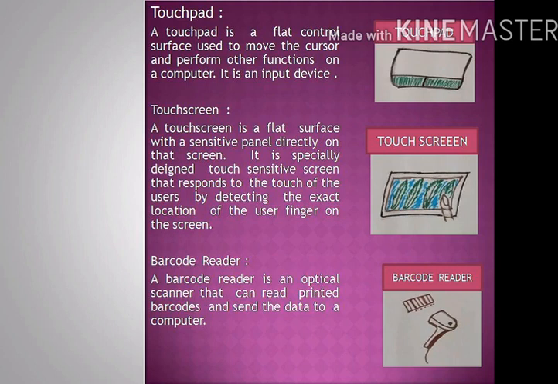A touchscreen is a flat surface with a sensitive panel directly on the screen. It is a specially designed touch-sensitive screen that responds to the touch of the user by detecting the exact location of the user's finger on the screen.